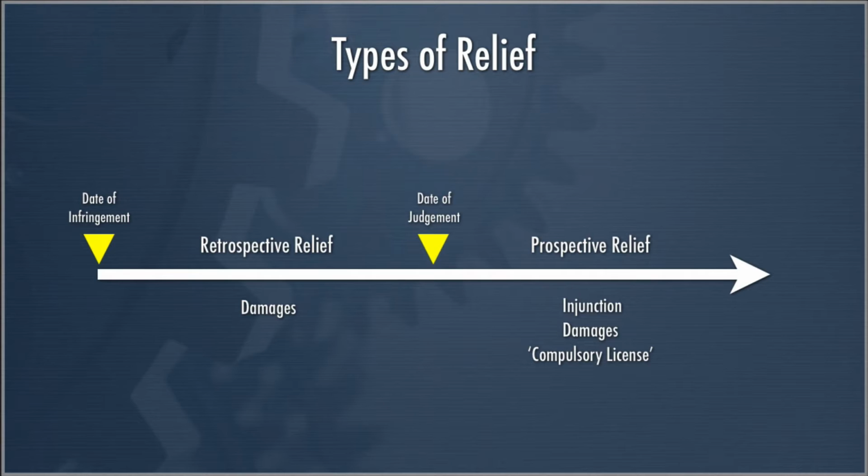compulsory license whereby the infringer is allowed to continue to use the patented invention, but must pay a particular amount defined by the court for the time period in which they're using the patented invention.